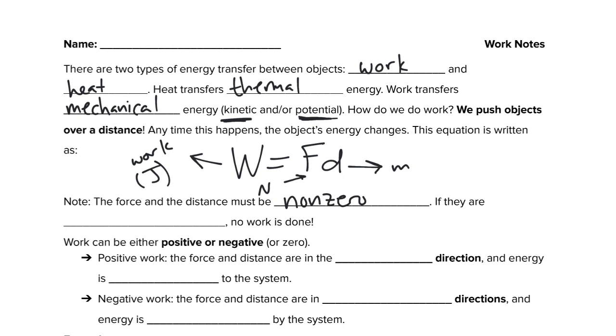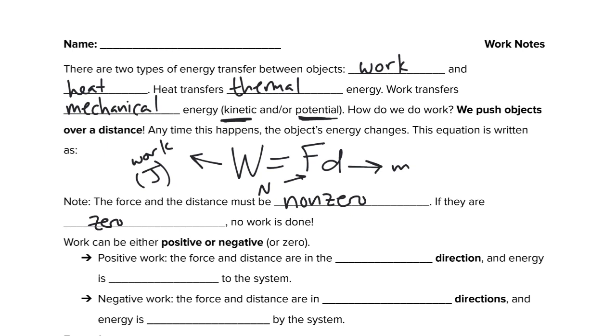If you plug in a 0 for force and multiply it by any distance, if you use no force over 100 meters, you've done no work because it's 0 times 100. Or if you push really hard, you push with 100 newtons of force and you get nowhere, a distance of 0, you're doing 100 times 0, which is still 0. So the force here and the distance both have to not be 0. If they are 0, either one, no work is done.